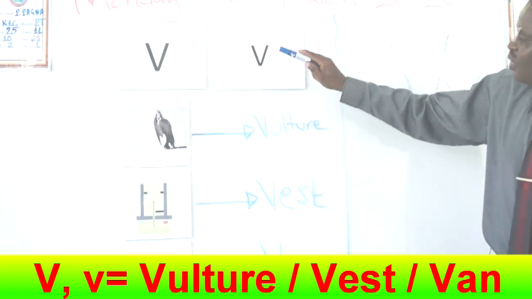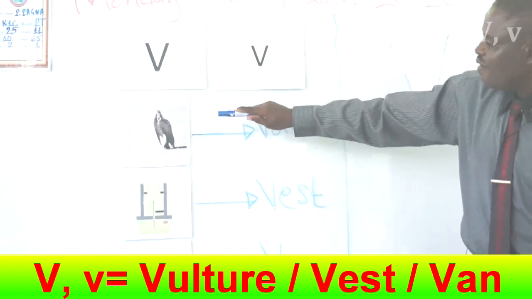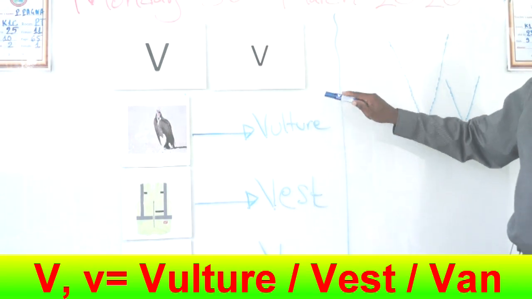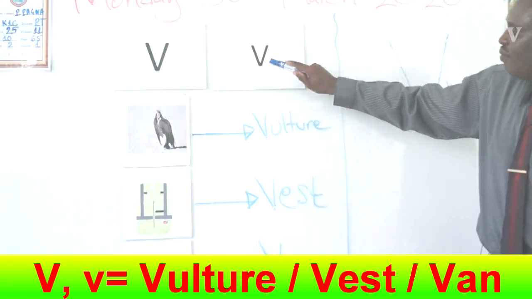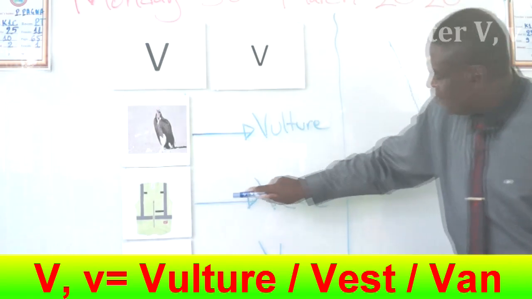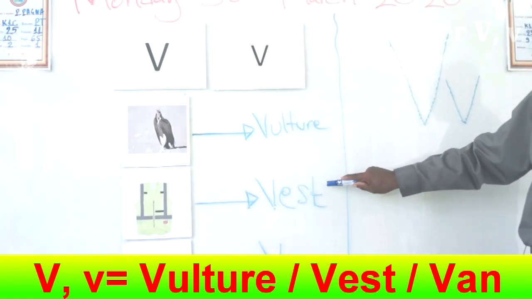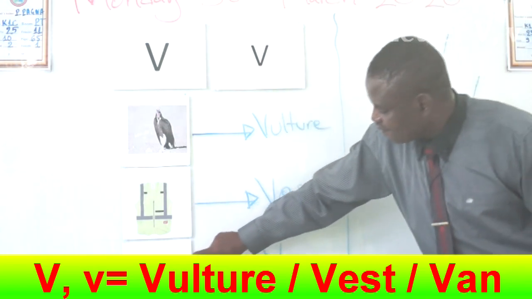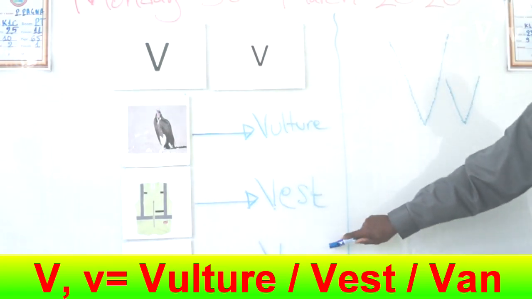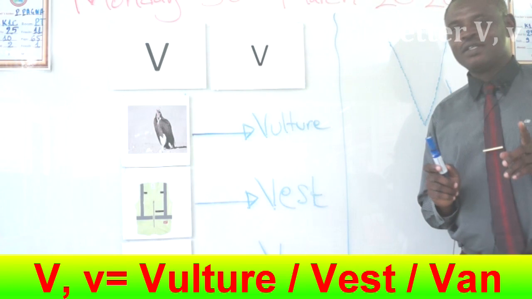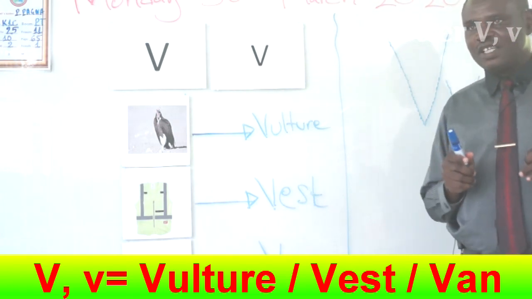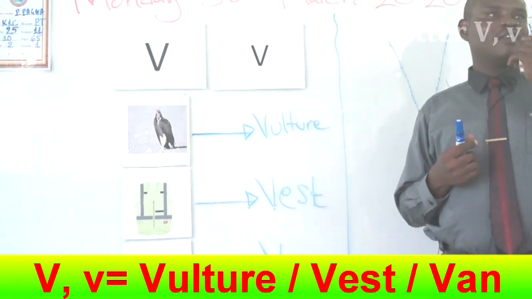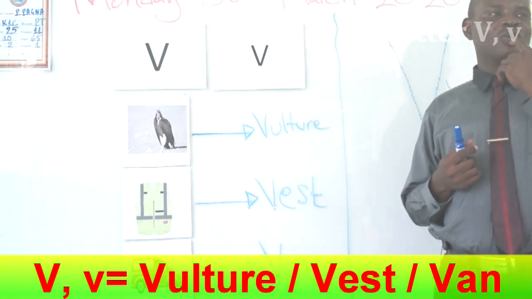Letter sound V, vulture, V, vest, V, van. So remember that letter V, whenever you are trying to pronounce it, your teeth should be on your lip.